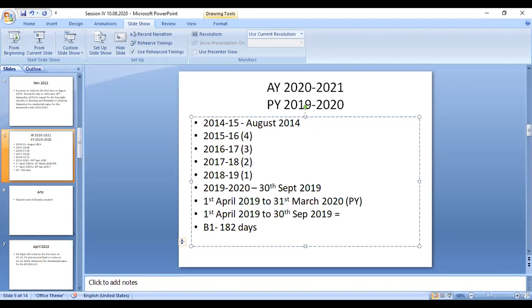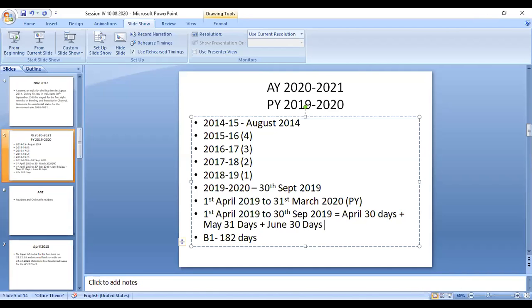April, 30 days in India. Then add May, 31 days.